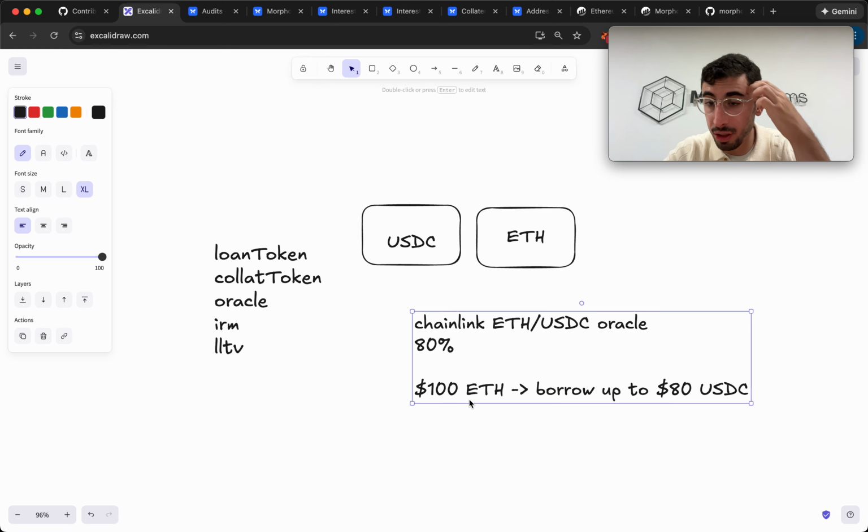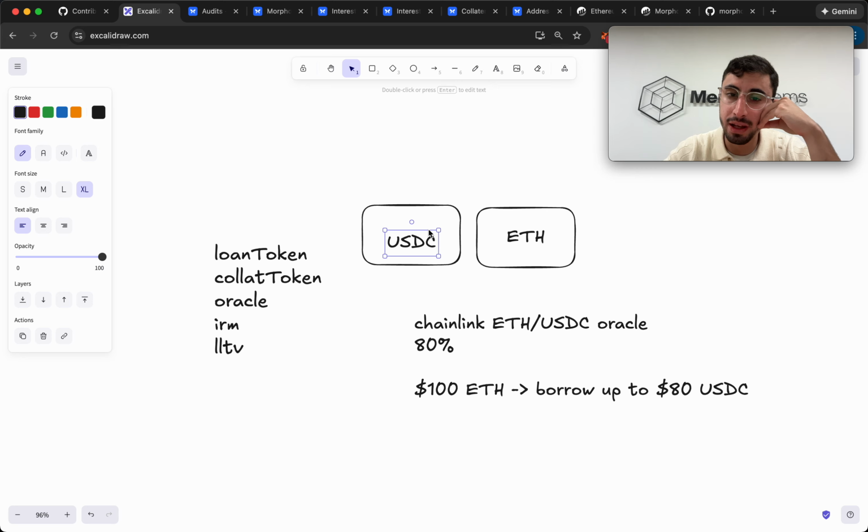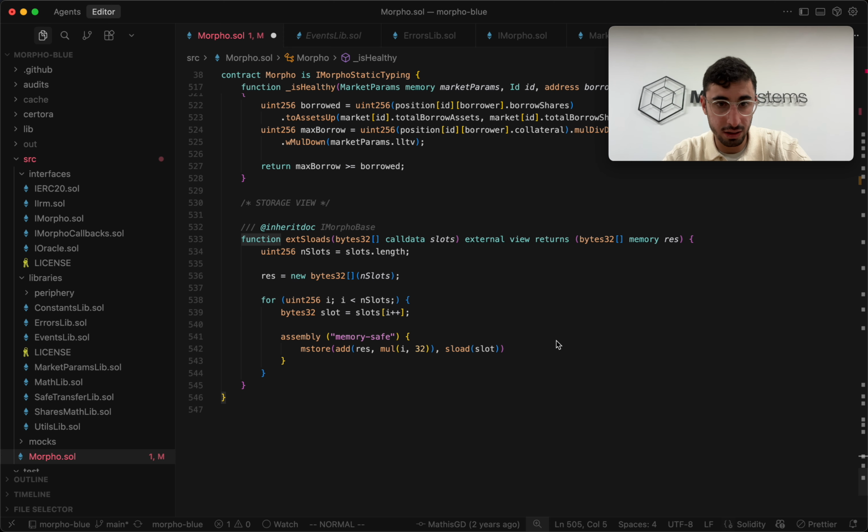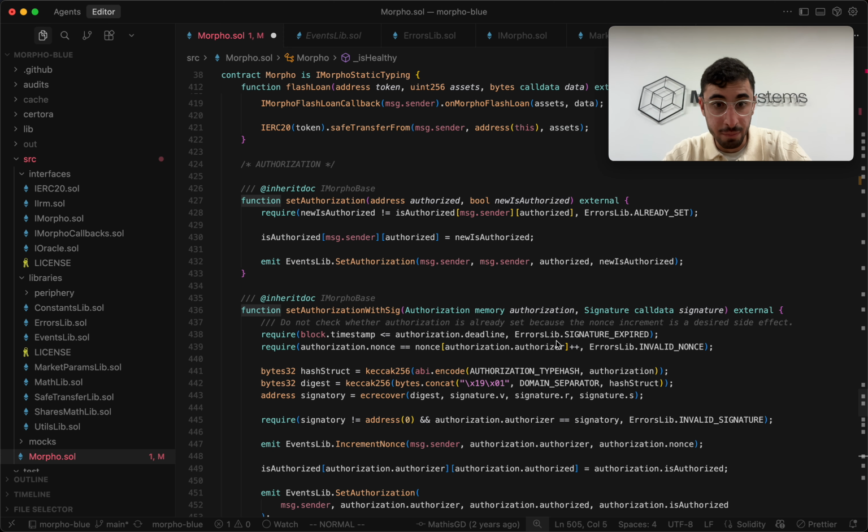Liquidating someone means, if this is a USDC ETH pool, I repay some of the USDC and get all your collateral, or some of the collateral. They have partial liquidations. That's how liquidation works.